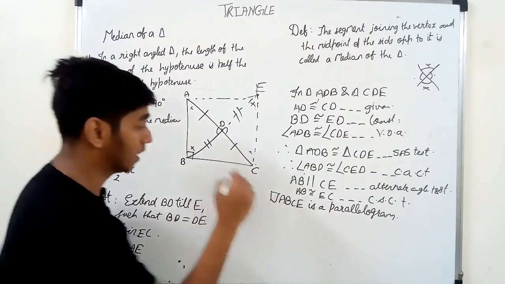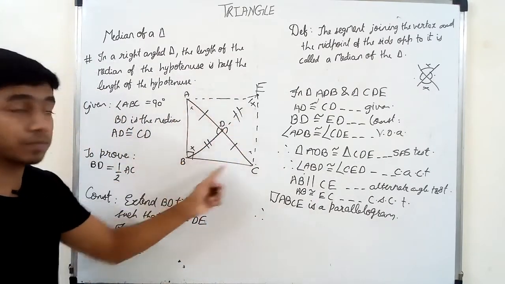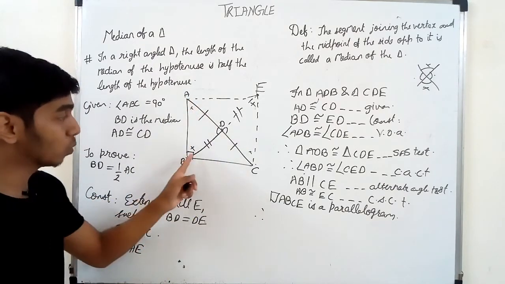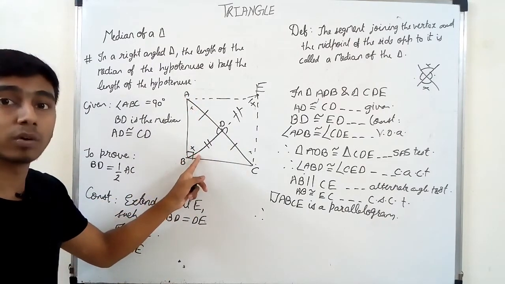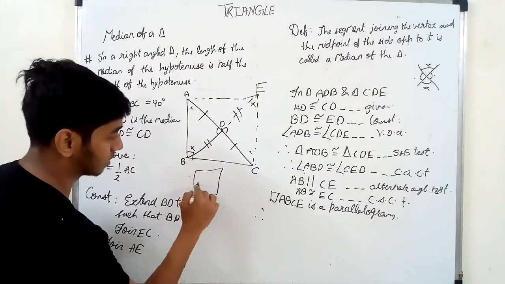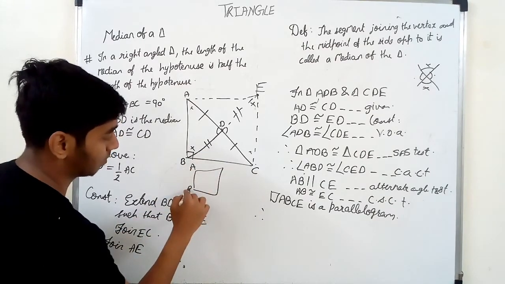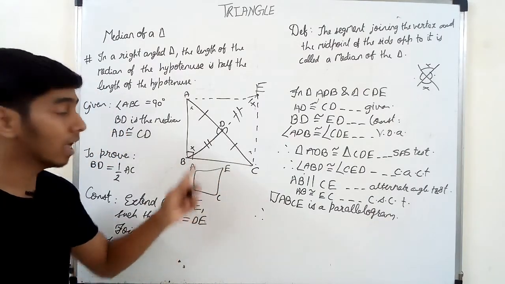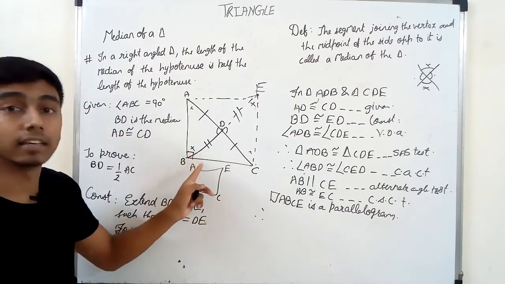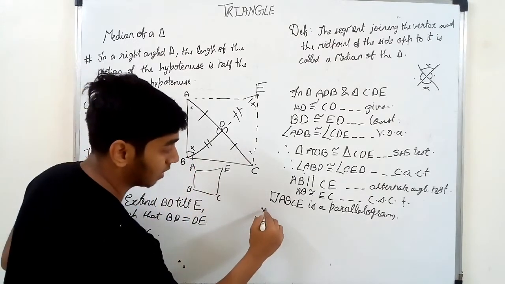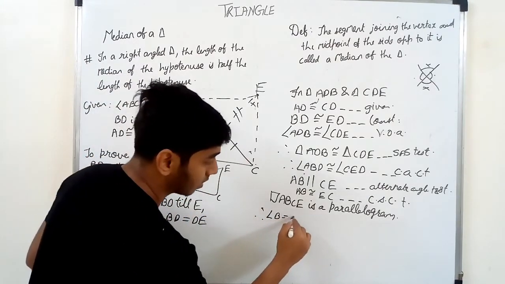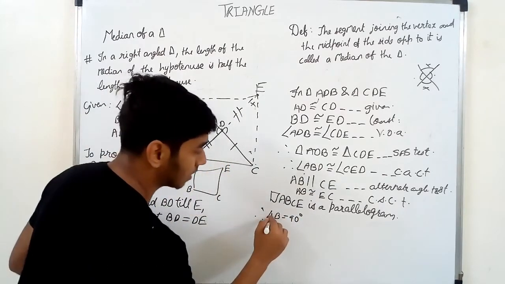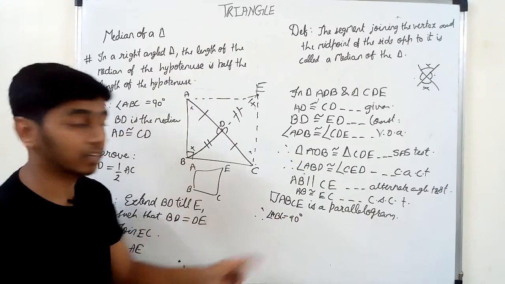Yes or no? Now, we have proved that it is a parallelogram. But if you see, one angle of the parallelogram ABCE, angle ABC, is 90°.